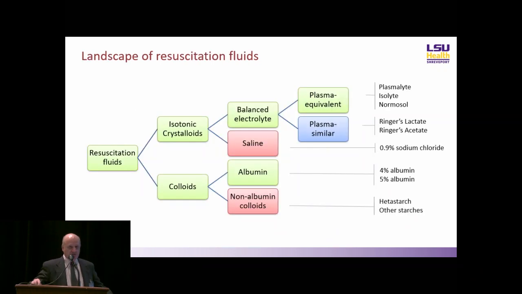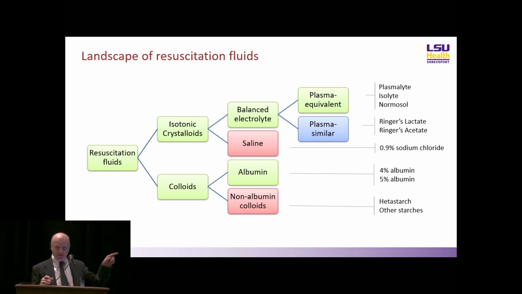Well, here's how we tend to categorize fluids. Resuscitation fluids we break down into crystalloids, and I'm going to emphasize that's isotonic crystalloids, not hypertonic fluids, or colloids. Within isotonic crystalloids, we now make a distinction between balanced electrolyte solutions and saline. They used to all be considered the same, and I'm going to convince you that they're not.